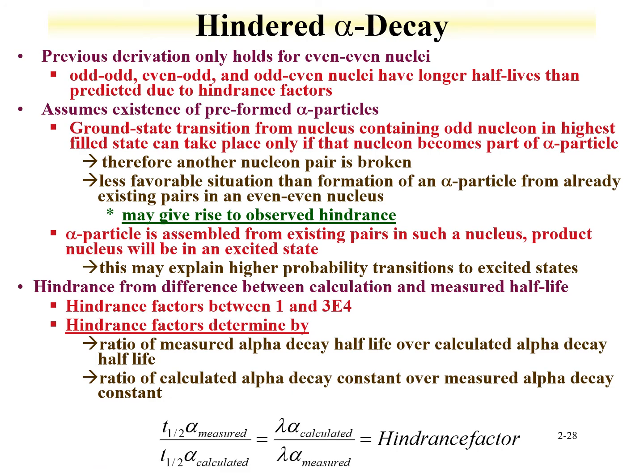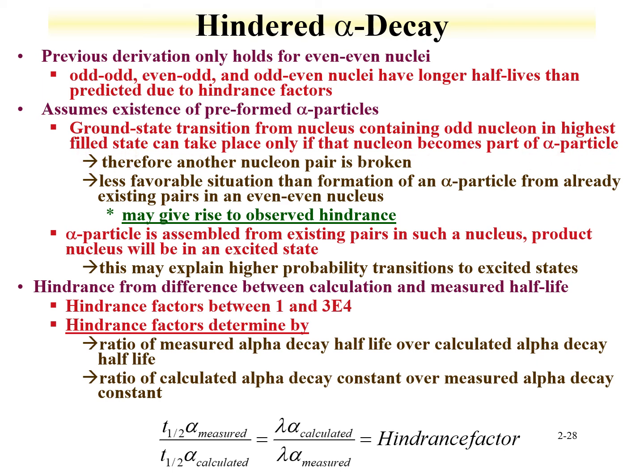Now, everything we discussed related to the model really holds for even nuclei. If we have even-odd or odd-even nuclei, the half-lives are even longer than predicted due to something we're going to call hindrance factors. The model assumes the existence of preformed alpha particles in the nucleus, and ground state transitions from nuclei containing an odd nucleon can only take part if that odd nucleon becomes part of this emitted alpha particle.